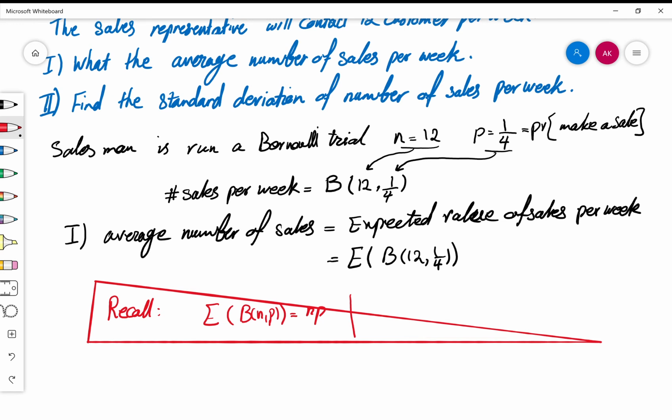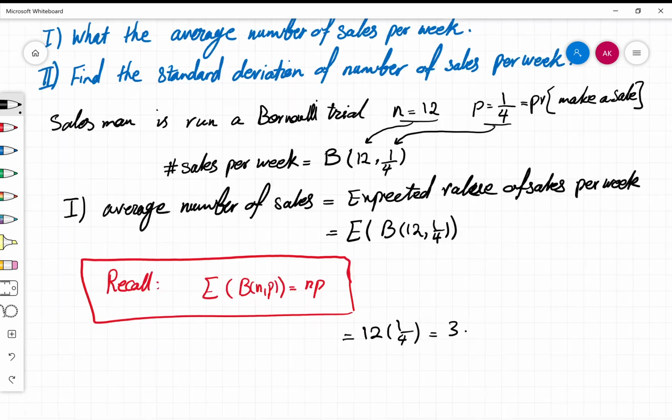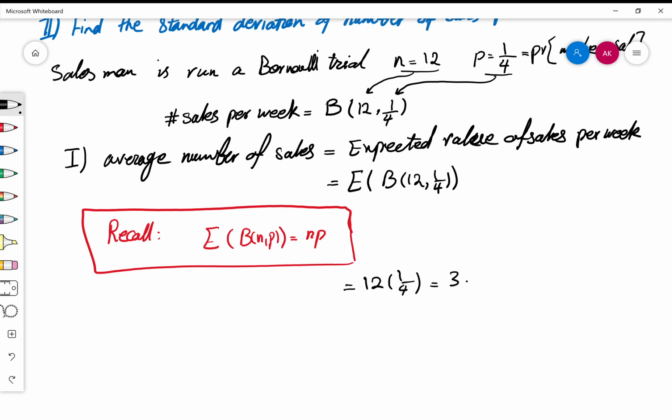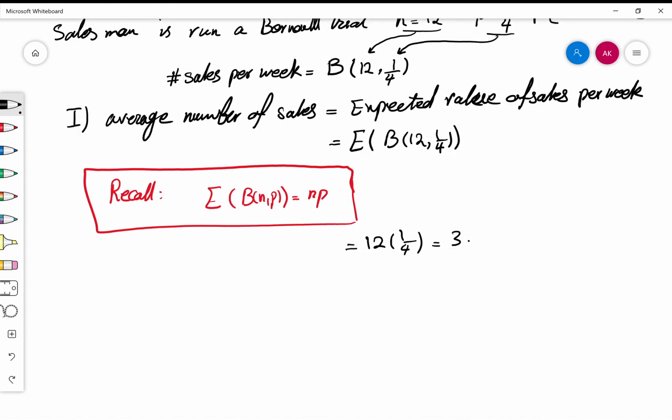So for B(12, 1/4), n is 12, times 1 over 4, this gives me just 3.